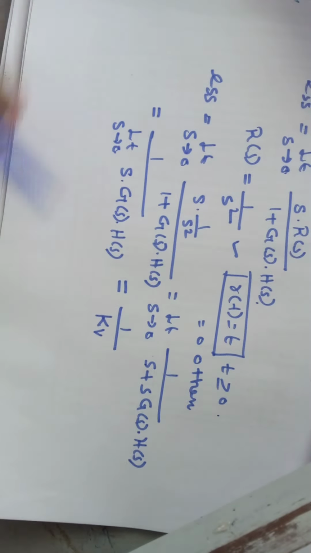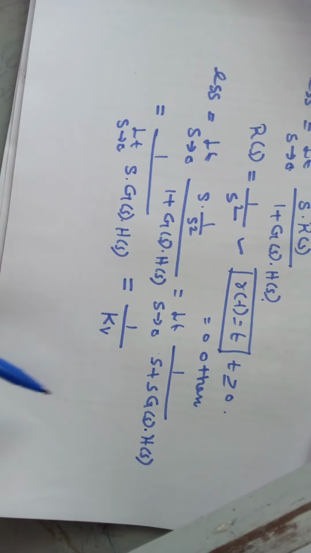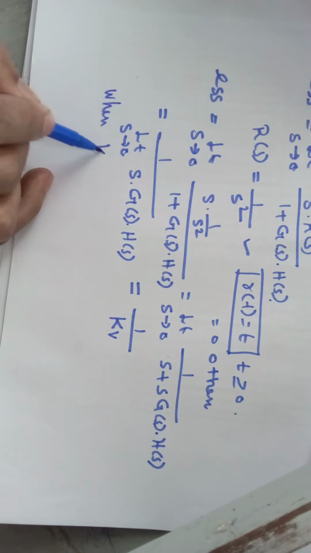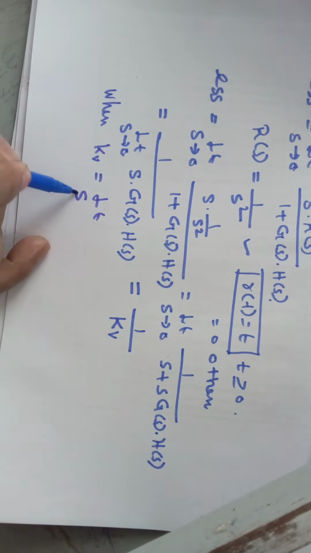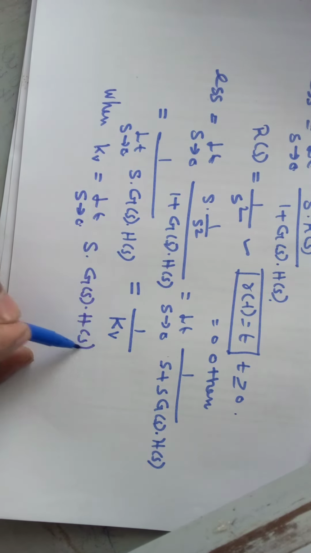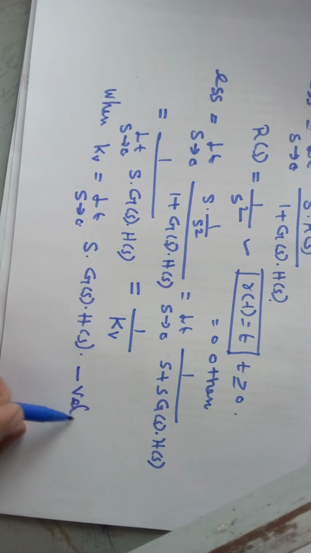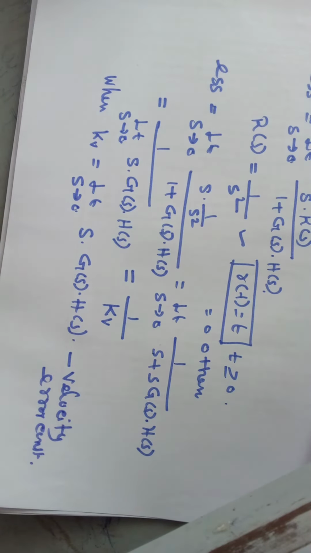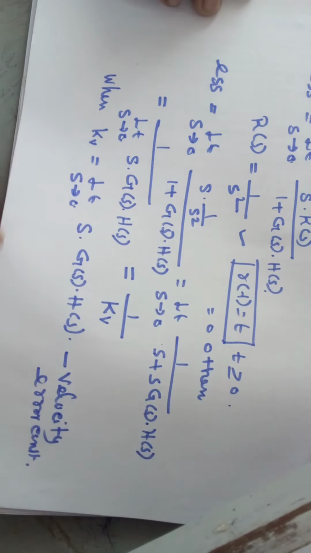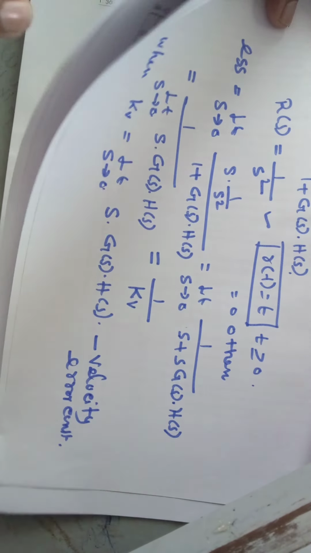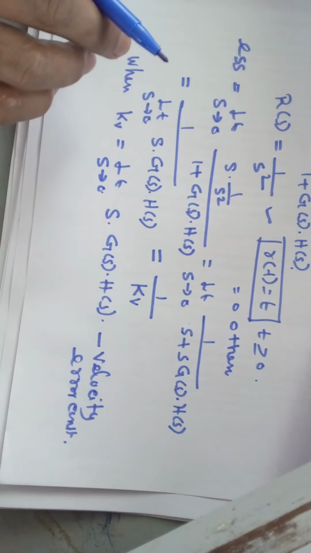We obtain ESS equal to 1 by Kv, where Kv is limit s tends to 0 of s G(s) H(s), your velocity error constant. Now let us see what the steady state error will be for a type 0 system.